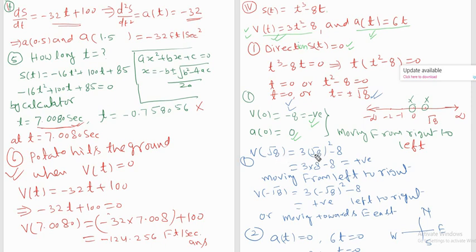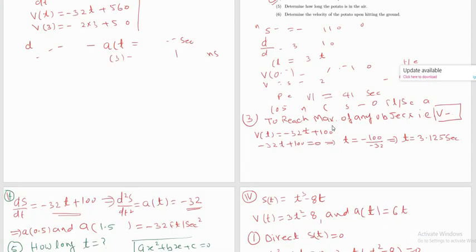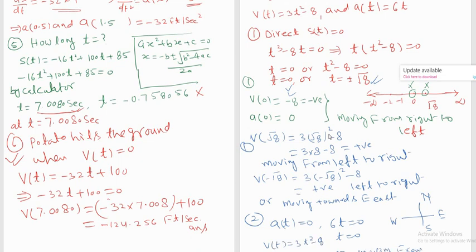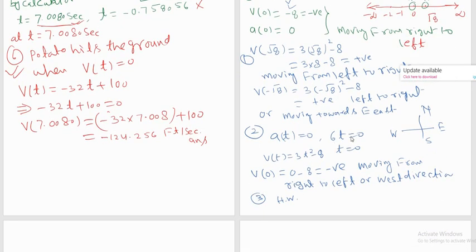Now at t is equal to 8 it is a plus sign, and t is equal to minus 8 is also a plus sign. Plus sign means moving towards the east direction. Next, he is asking to determine the direction of travel when the acceleration is 0.